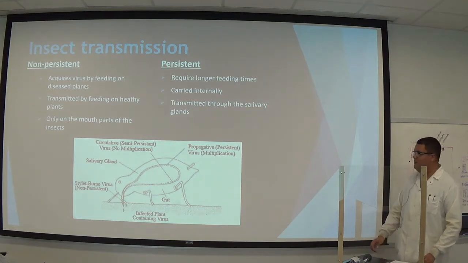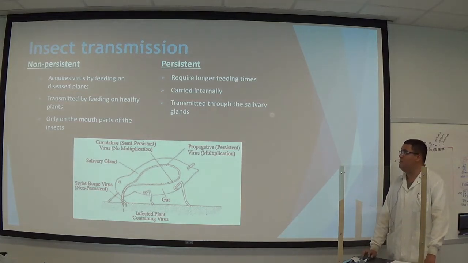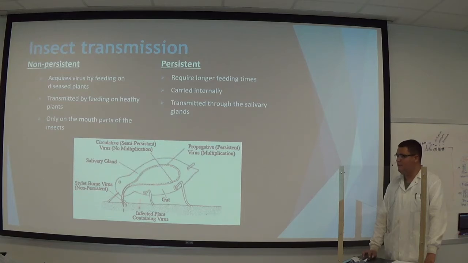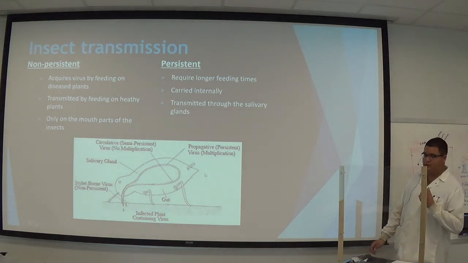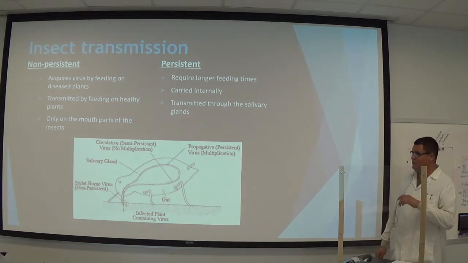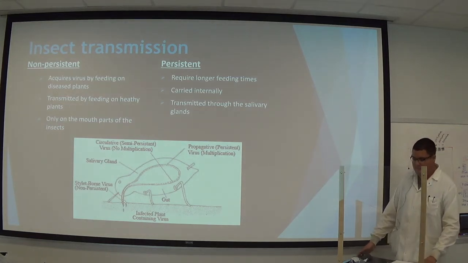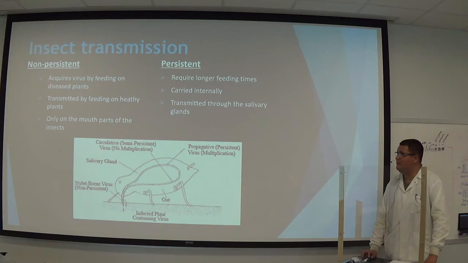What I was just referring to would be a persistent method of transmission, in which the insect will require a longer feeding time on the plant to intake that virus and then carry it internally until it reaches its salivary glands. The salivary glands are where the virus is able to be transmitted into the plant that it feeds on to infect it.